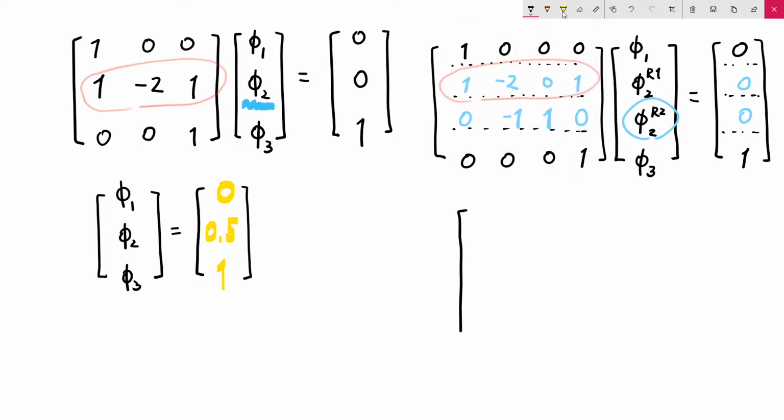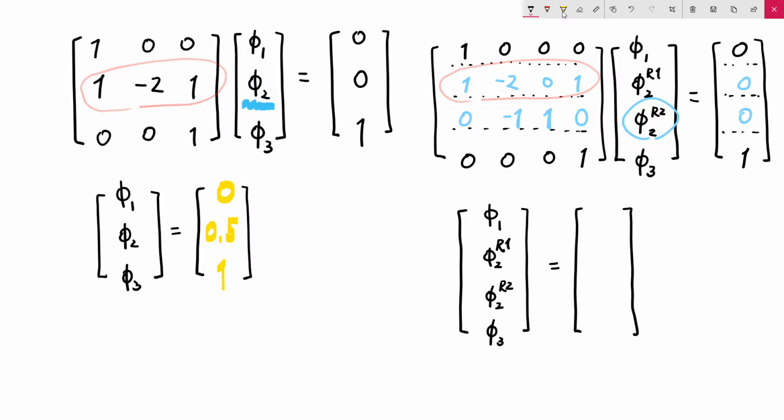Now we have phi 1, phi 2 R1, phi 2 R2, and phi 3. Once again, from the boundary condition, it becomes 0 and 1.